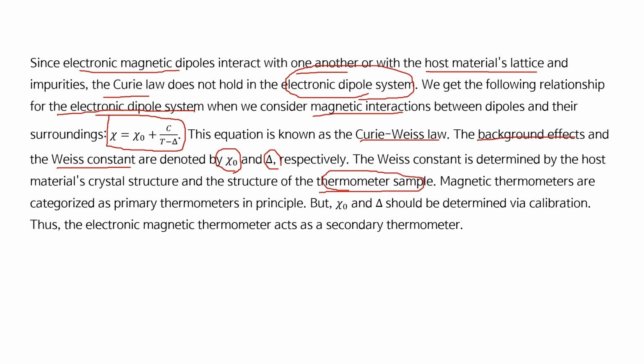Magnetic thermometers are categorized as primary thermometers in principle, but chi 0 and delta should be determined via calibration. Thus, the electronic magnetic thermometer acts as a secondary thermometer.